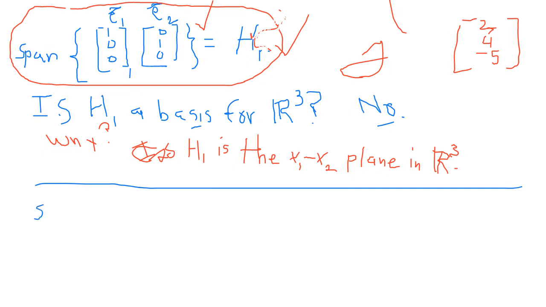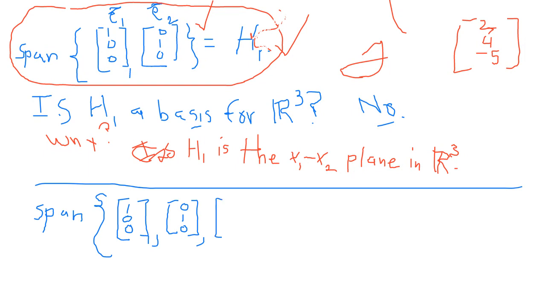What if we had this, though? What if we had the span instead of 1, 0, 0, 0, 1, 0, and 0, 0, 1.